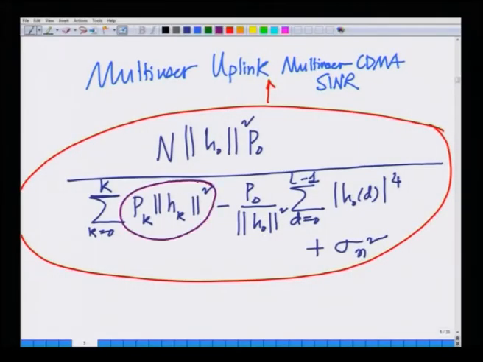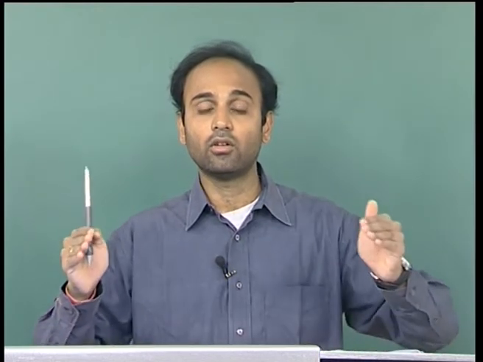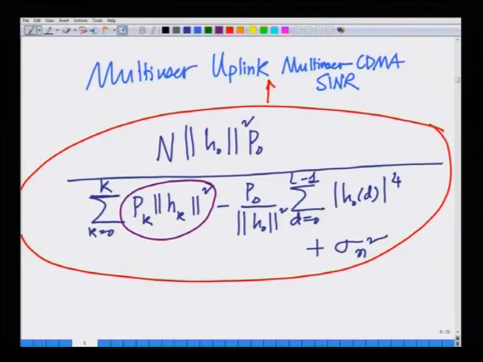this factor over here. Previously, the power Pk of the kth user was multiplied by norm H naught square, because all this composite signal is travelling through the channel corresponding to user 0. However, now each signal is travelling through the channel of the corresponding user, hence the interference is nothing but power times the norm of the channel of that user. The rest of the components are the same: n is the spreading gain, norm H naught square is the diversity gain corresponding to user 0, P naught is the power corresponding to user 0, sigma n square is the thermal noise.